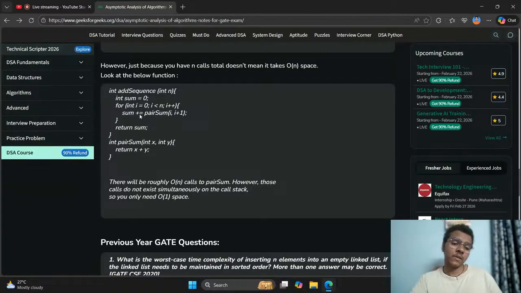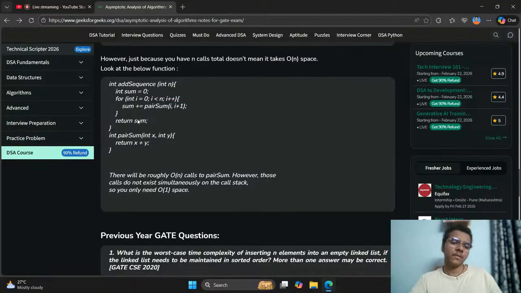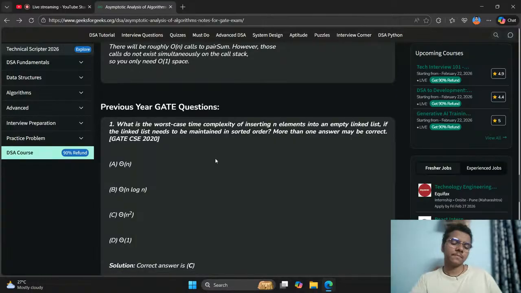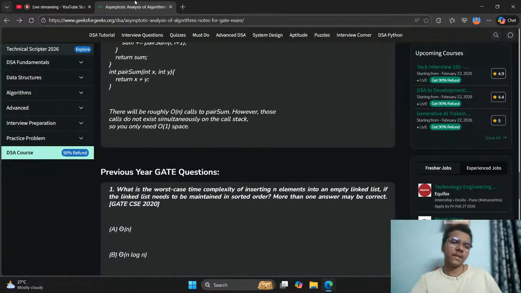However, those calls do not exist simultaneously on the call stack, so you only need O of 1 space. The pairSum is being called and it is not calling itself again, so it will just return a value, which is stored in sum and gets incremented. There is no recursive call in addSequence. Nice, that's a good analysis.